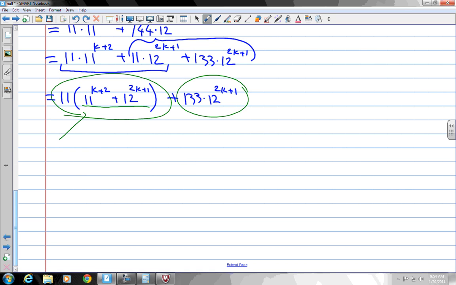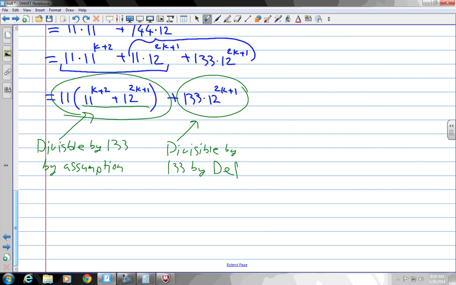So this is divisible by 133 by assumption, and this is divisible by 133 by definition. So is the sum divisible by 133 then?